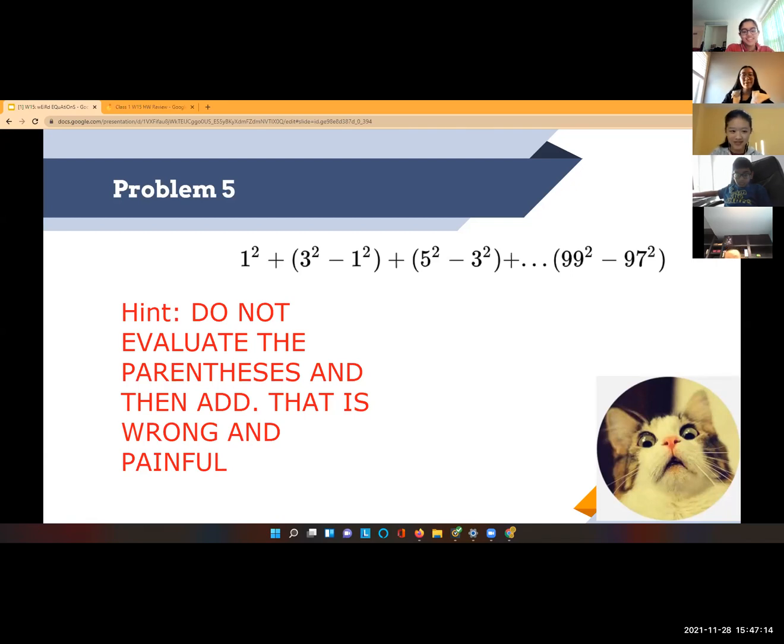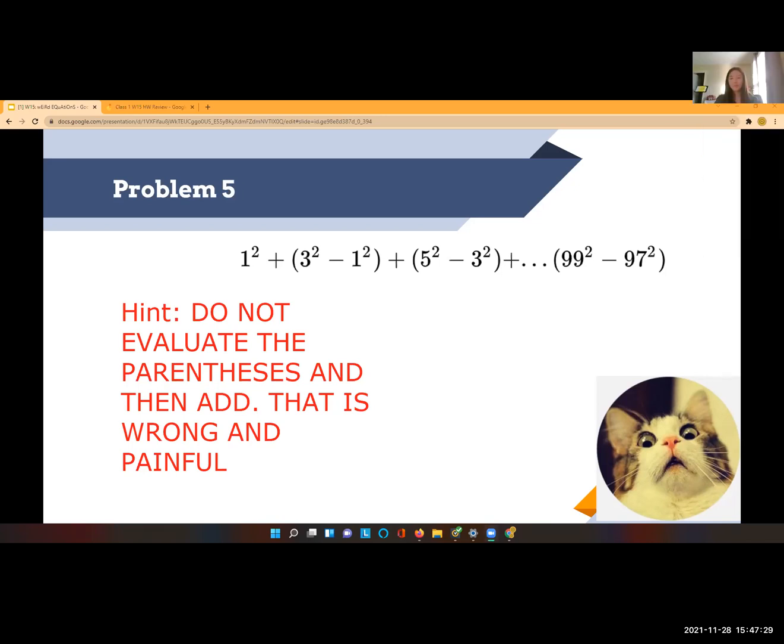Right. Has anyone figured it out yet? All right, so let's look at this and see what kind of pattern we can notice with canceling stuff out.